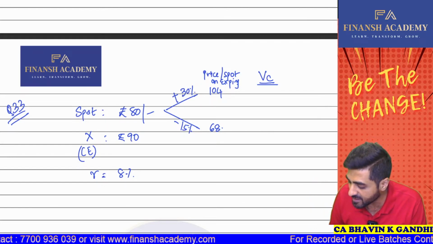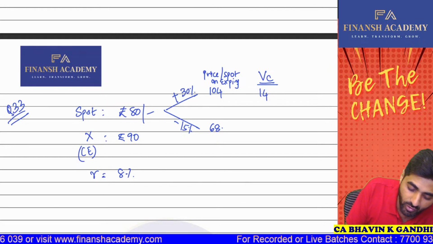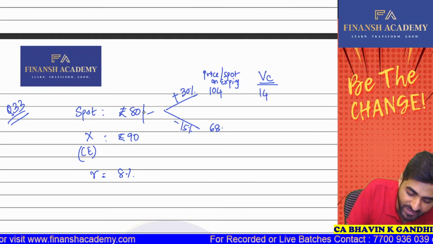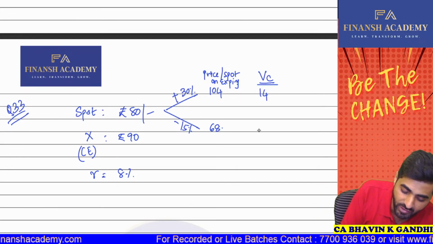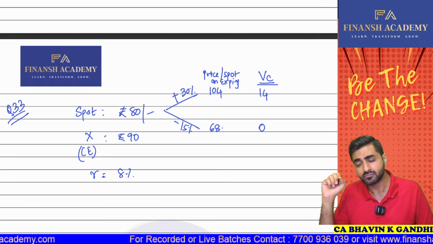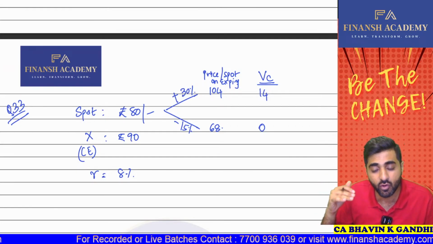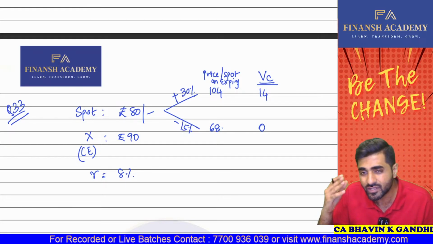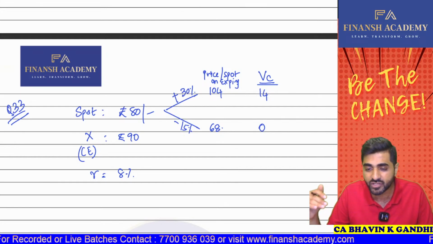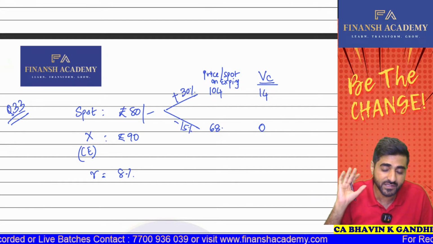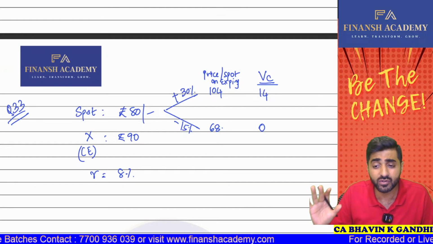Then 104 minus 90, the value of the call option is going to be 14 rupees. And if in the market it is available at 68 rupees, then the value of the call option is going to be 0. So these are the two possibilities: the value of the call option can be 14, or it is going to be 0. Your risk-free rate, your R, is nothing but 8%.